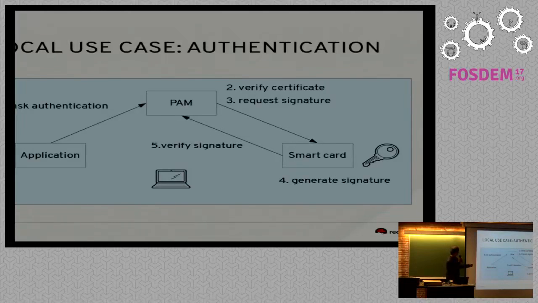So first, the application requests authentication from the system PAM service, and then one of the PAM modules requests the smart card to send back the certificate, and then the PAM module verifies the certificate, and then it asks the smart card to sign some arbitrary data, and then verifies the signature. So after all, the user authentication succeeds. But it only happens in a single computer system.